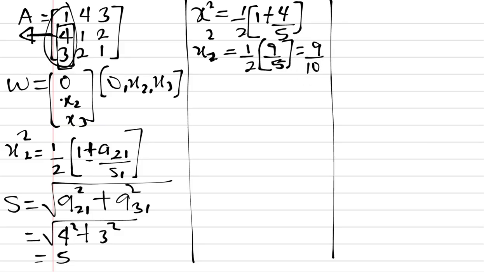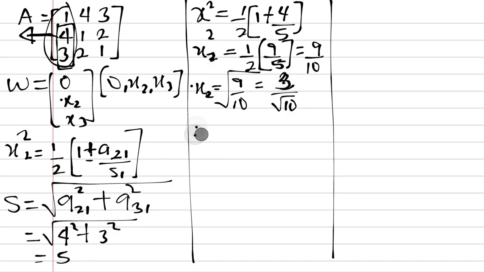That means our x will now become the square root of this value. Square root of 9 over 10, and that means we have 3 over root 10. Do you understand how I got my x2 now? So this is the value of my x2.